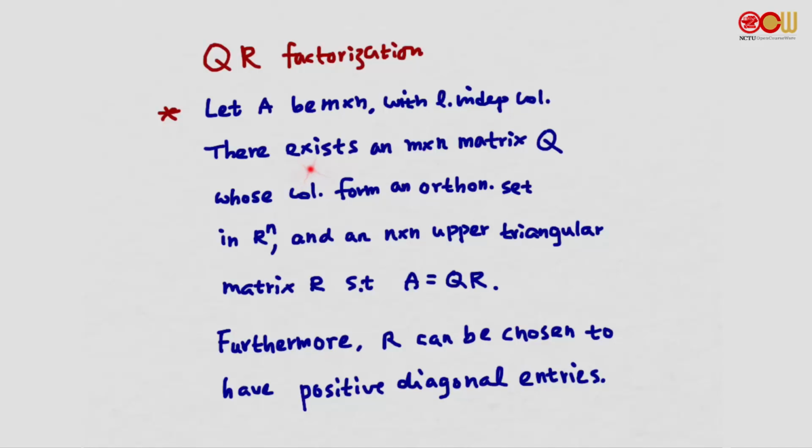Then there exists an n by n matrix Q, the same size as A, whose columns form an orthonormal set in Rn, and also a square n by n upper triangular matrix R, so that A is equal to the product QR. And furthermore, R can be chosen to have positive diagonal entries.